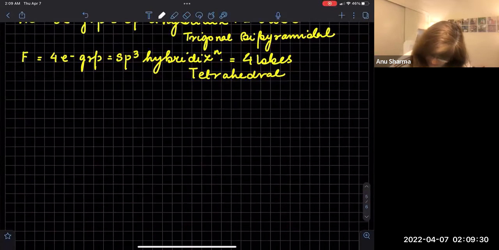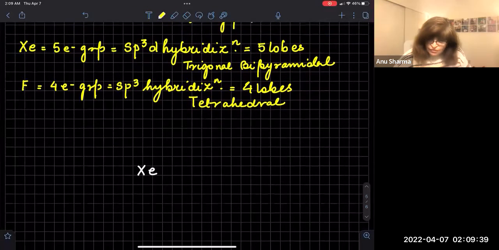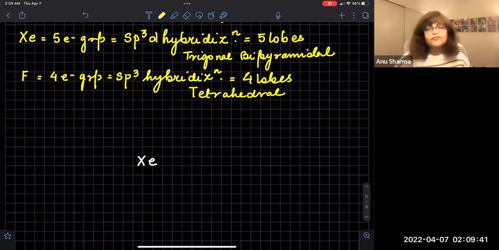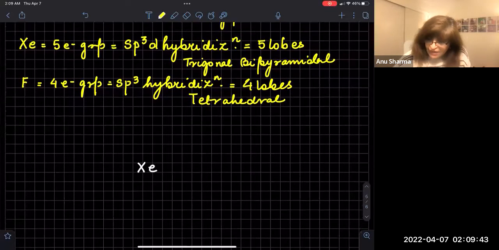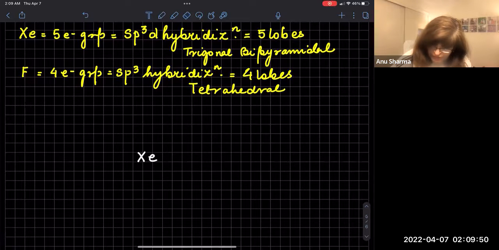So here is the xenon, and xenon has 5 electron groups. Remember that we talked about 5 electron groups means 5 lobes, and those 5 lobes are like a pierced pizza. So we discussed that already.